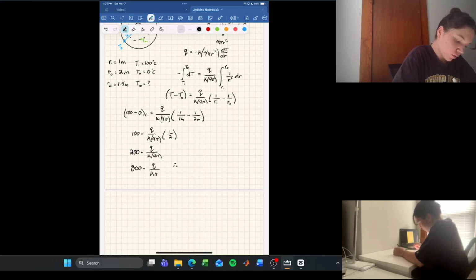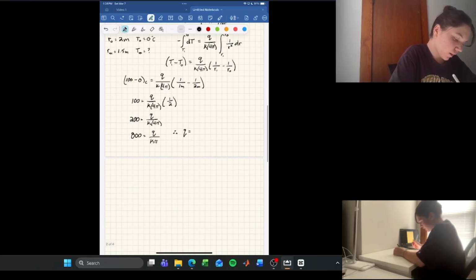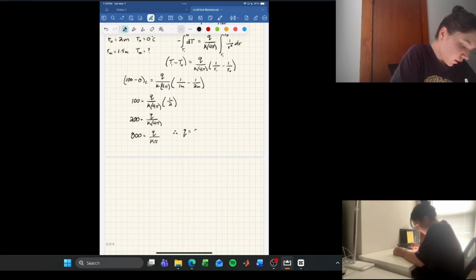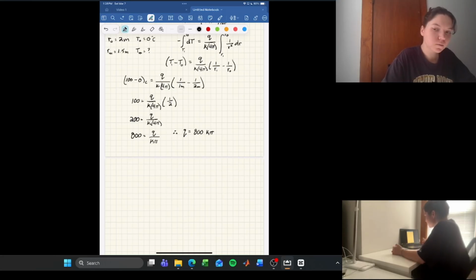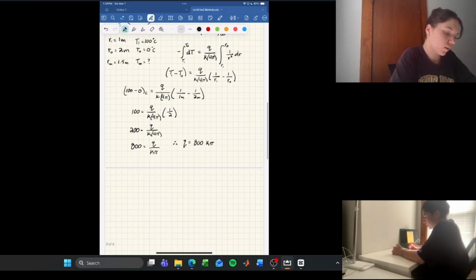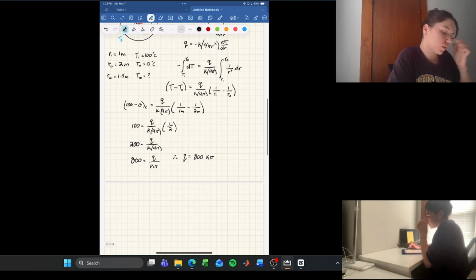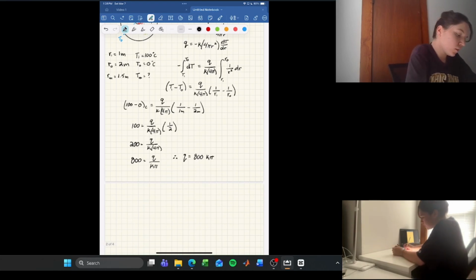So therefore we have that the heat flux is 800 times the thermal conductivity times pi. So now that we know what the heat flux is, we can solve for the temperature at the midpoint. So we're going to be using this same equation from before.